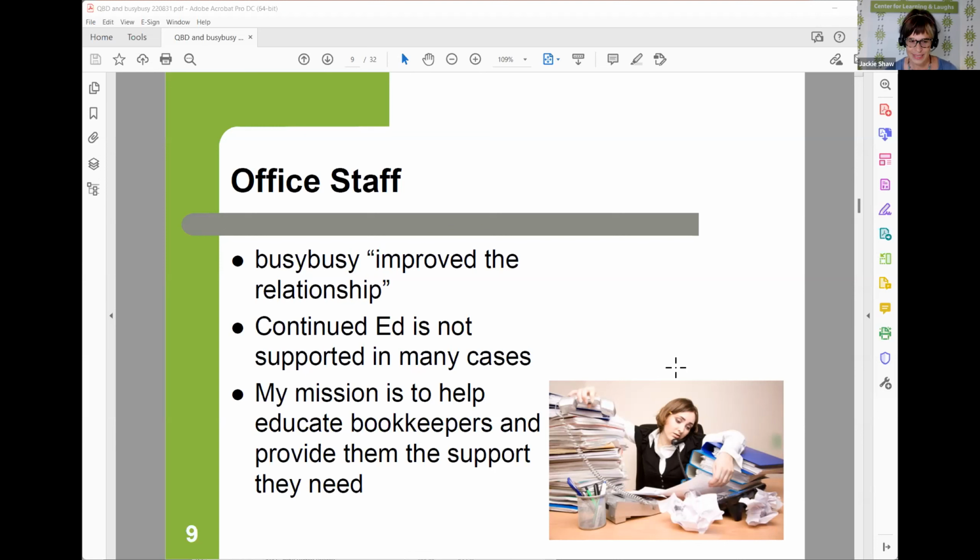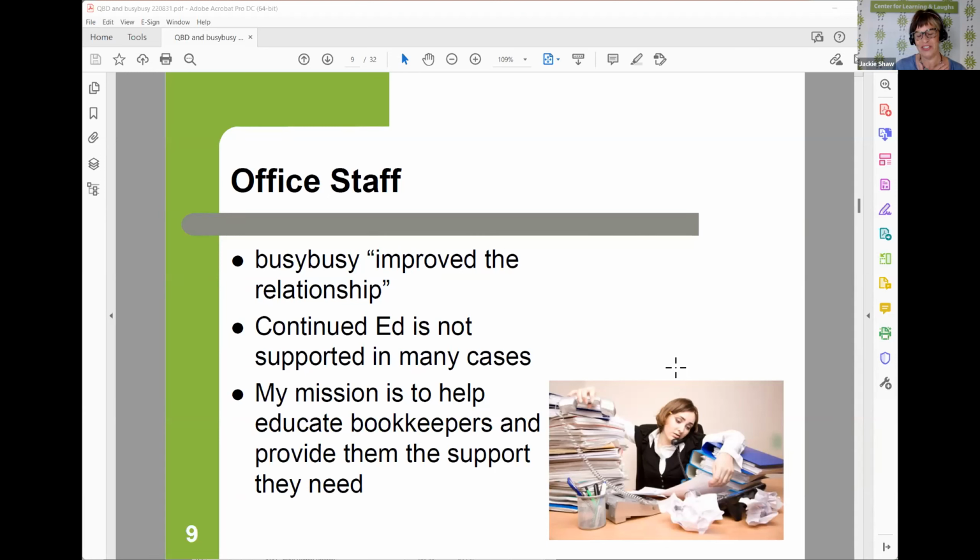We all know what this is like, chasing down time, chasing down receipts, trying to get everything together. And this kind of system really does improve the relationship because now it's on the employees to get their timesheets accurate. It's on the supervisor to check the timesheets to make sure they're accurate. And then it's not left to the bookkeeper to be chasing down time.